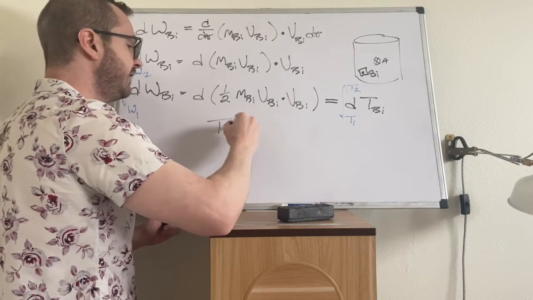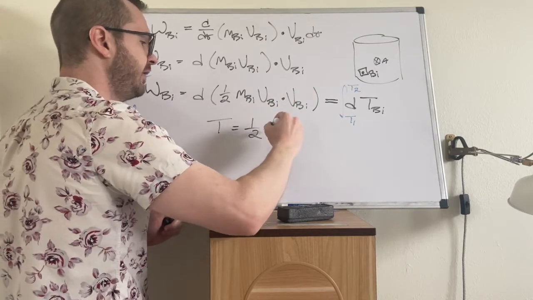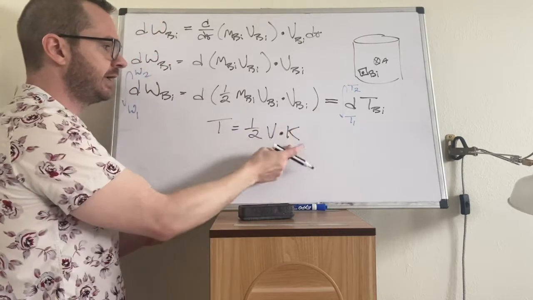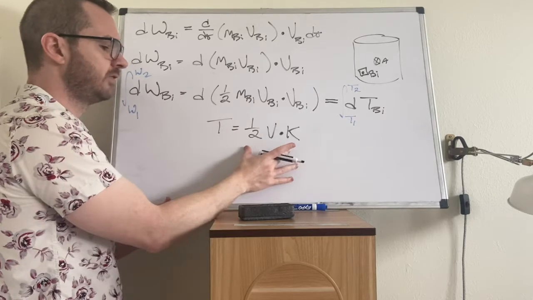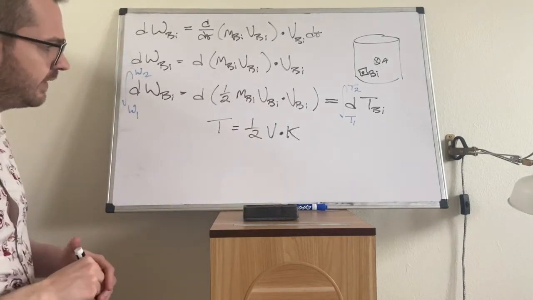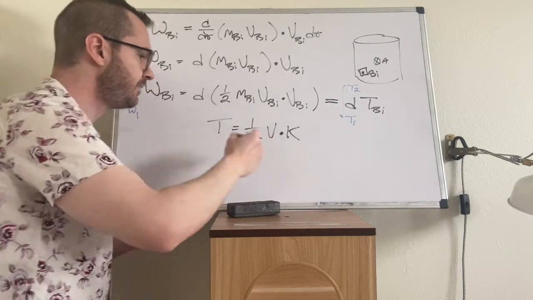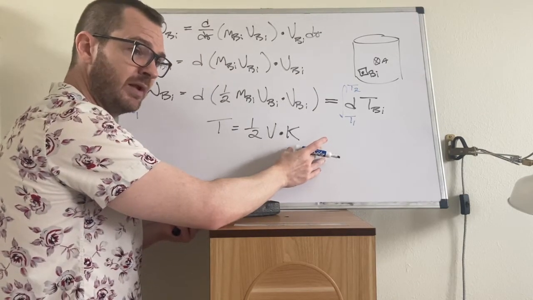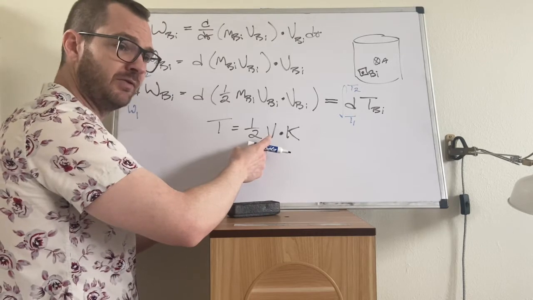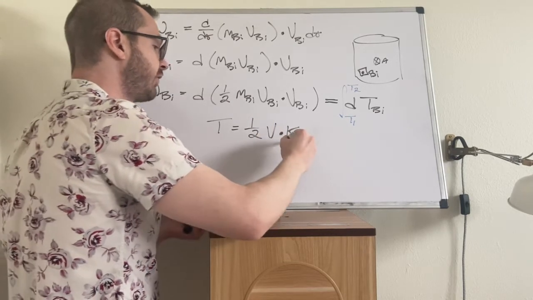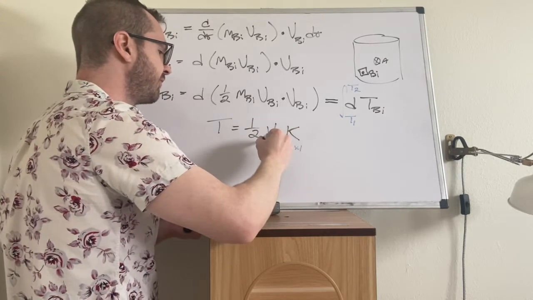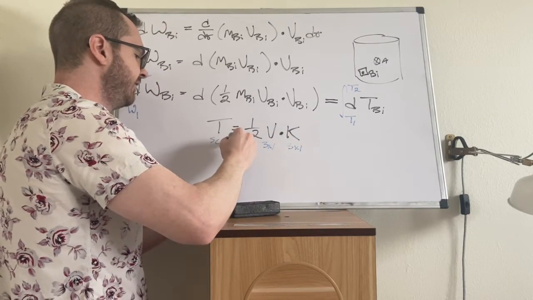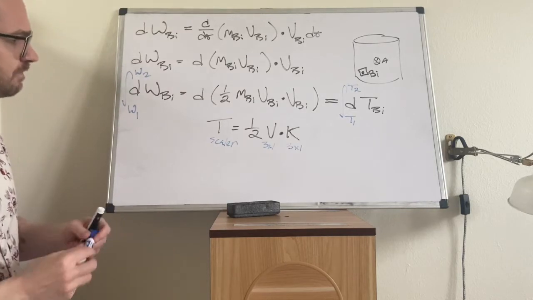You will sometimes see kinetic energy written as 1/2 v dot K, with K being m times v. So this is another way to do it. This representation is useful if you already have the momentum calculated. You can just dot your momentum with your velocity vector. And of course, the dimensions here: your momentum is 3 by 1, your velocity is 3 by 1, and energy is a scalar quantity.